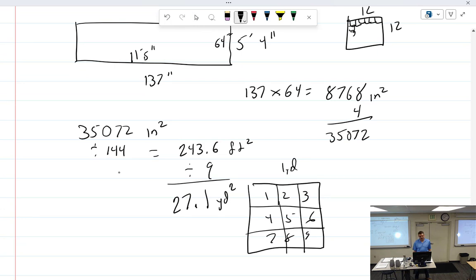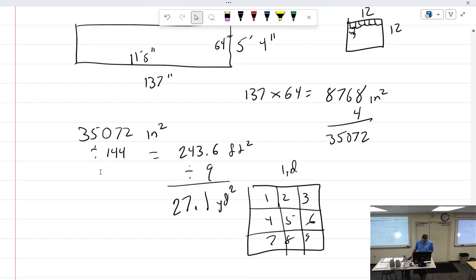There we go. So we can do 137 divided by 36. We get a decimal. So just make sure that you're converting at the right time and that you are not converting using 12 or 3 because it's not linear, it's square. All right, did the surface area.